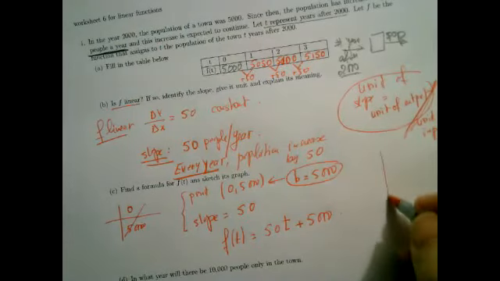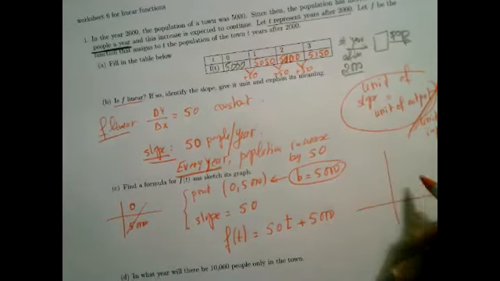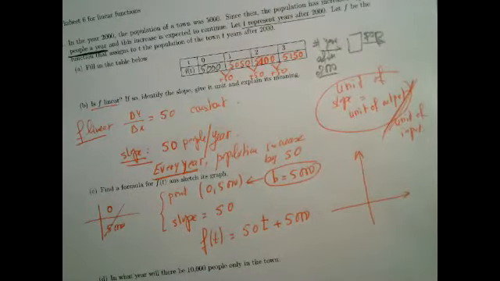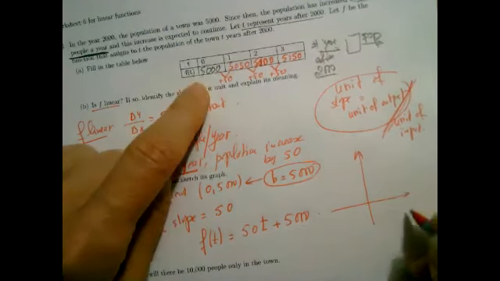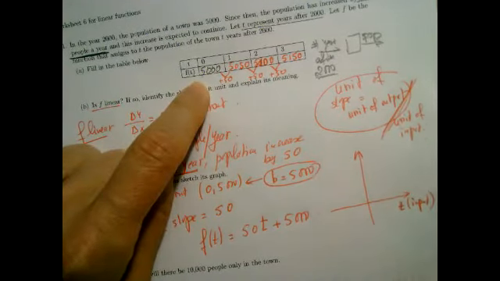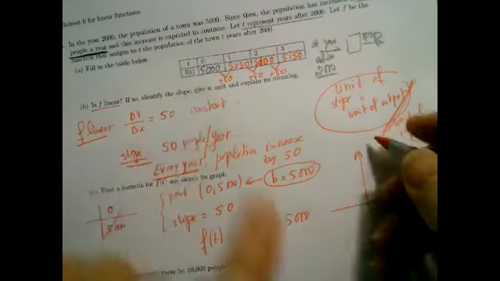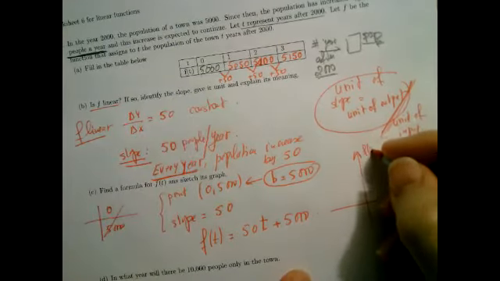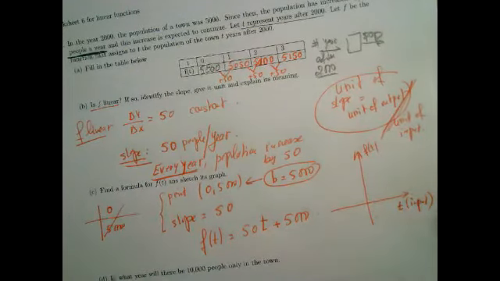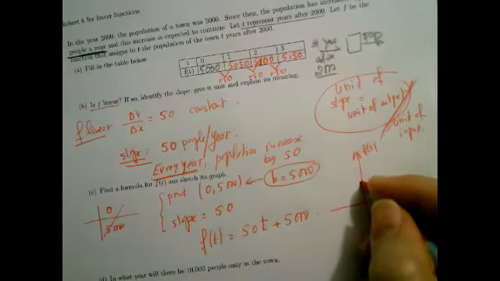And if you want to sketch the graph, a word about the graph. When we sketch the graph, the input always goes on the horizontal and the output goes on the vertical. It means here the time is horizontal and the population is vertical.